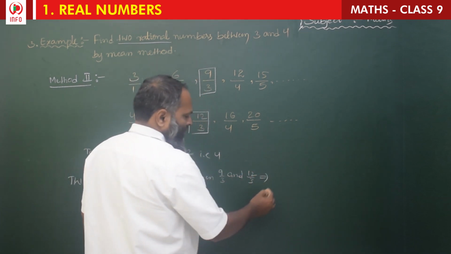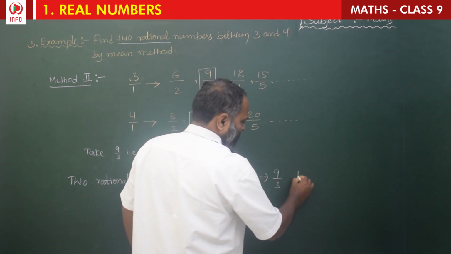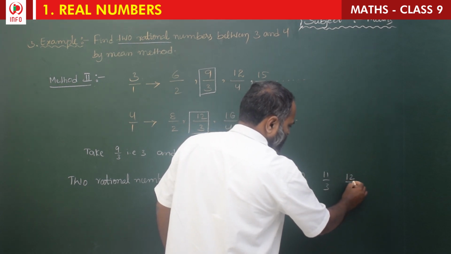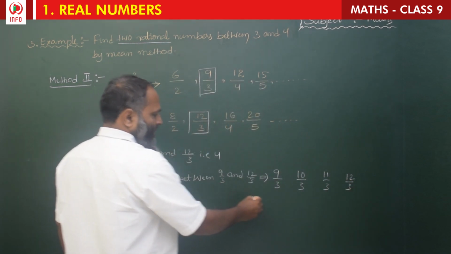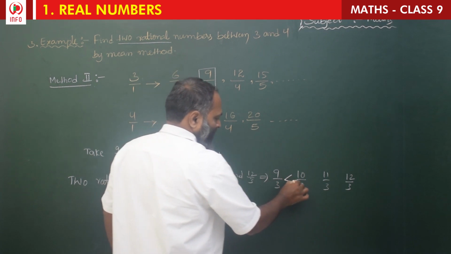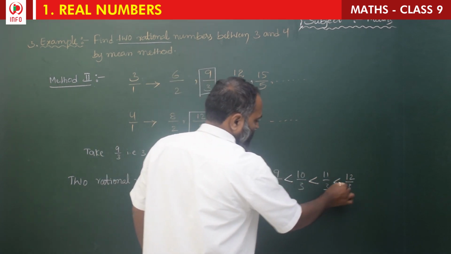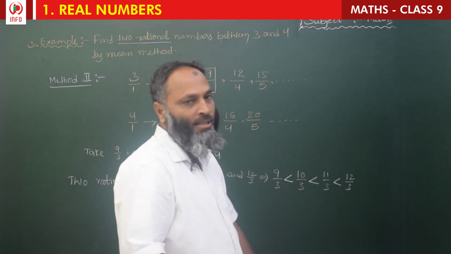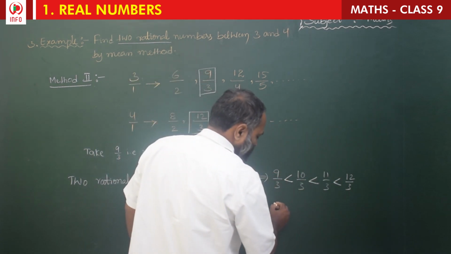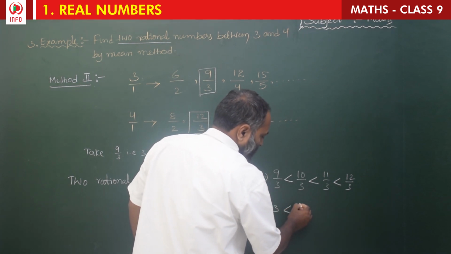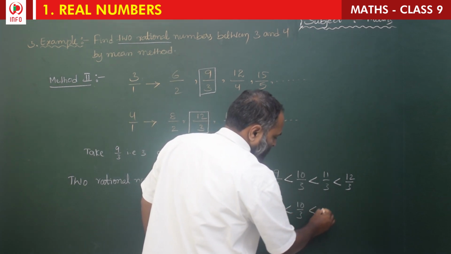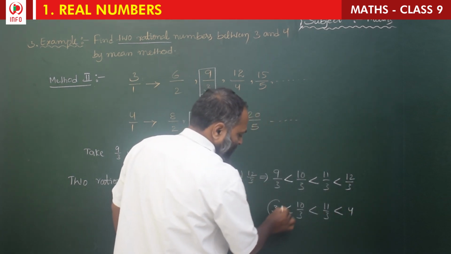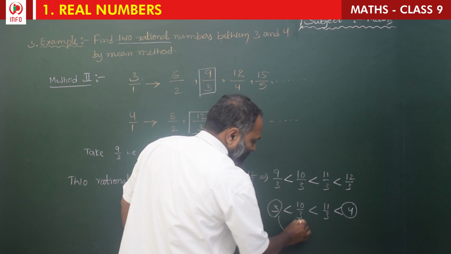So 9 by 3, after that 10 by 3, after that 11 by 3, after that 12 by 3. 9 by 3 is less than 10 by 3, 10 by 3 is less than 11 by 3, 11 by 3 is less than 12 by 3. So 9 by 3 means 3, then 10 by 3, 11 by 3, and 12 by 3 is nothing but 4. So in between 3 and 4, what are the two rational numbers?